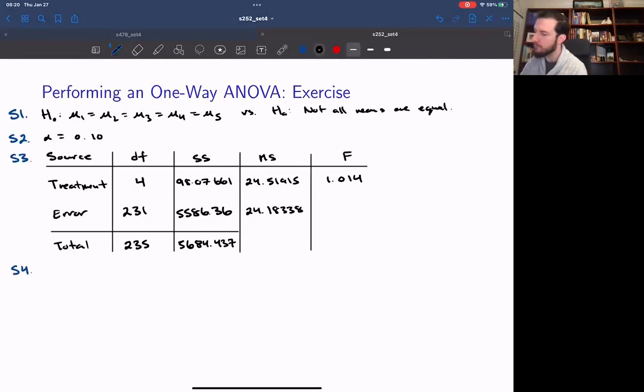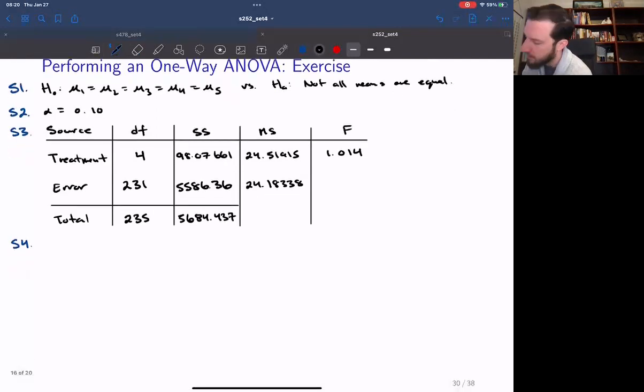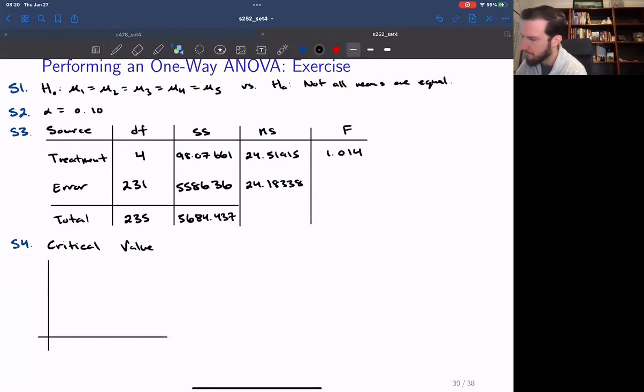All right. Okay, so now all we have left to do is conclude the test. So we can take either the critical value approach or we can take the p-value approach.